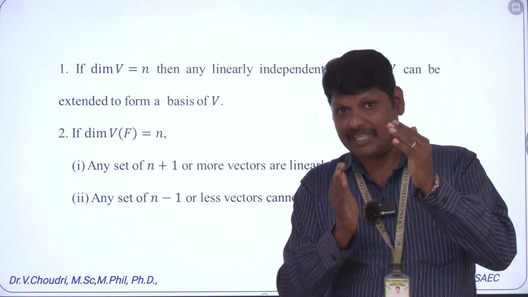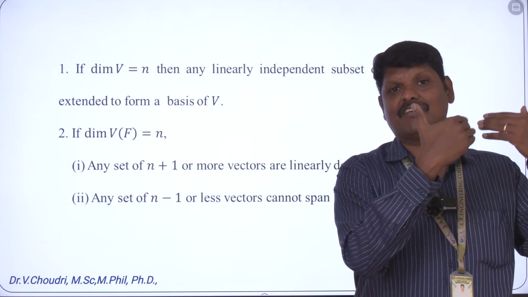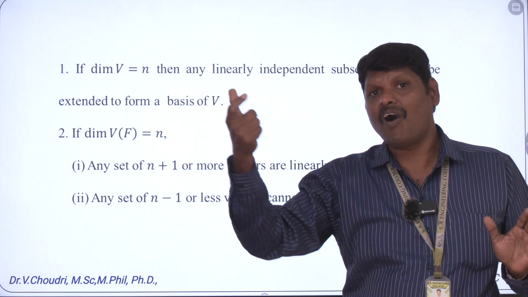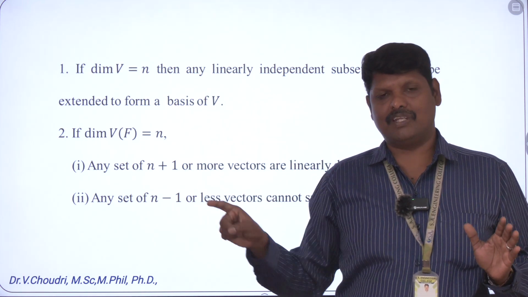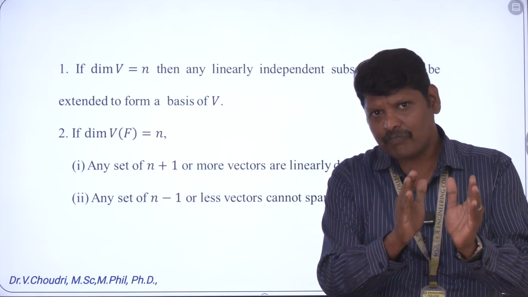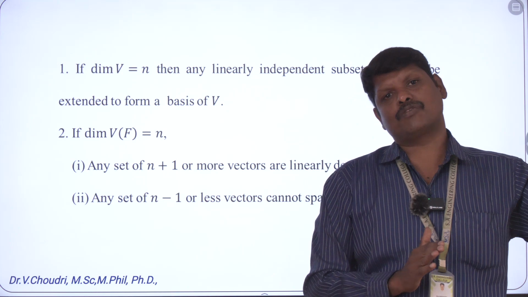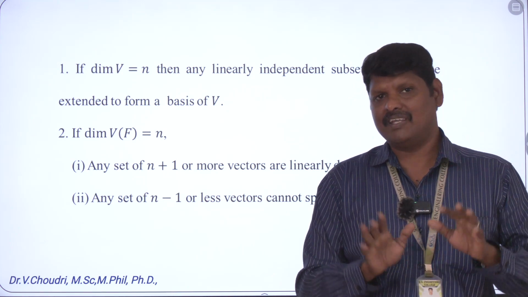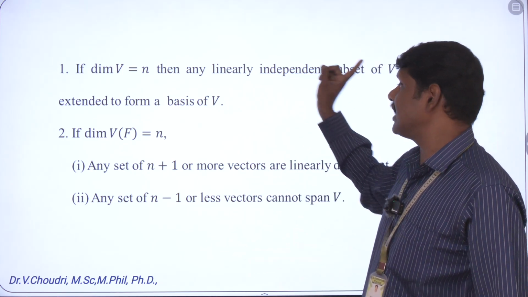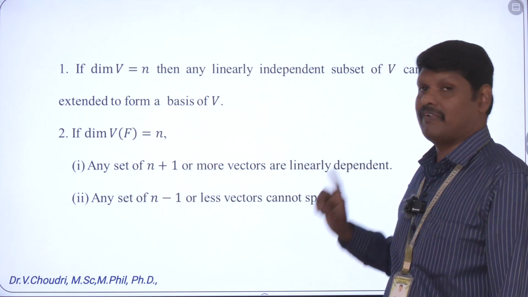Here I am taking any x, y, z from the vector space V. I need the help of all the vectors v1, v2, v3. For example, if I want only v1, v2, can we use v1, v2 alone to form x, y, z belonging to V? That is not possible. When it is linearly independent, we should take all n vectors, and then only it is a span of V.